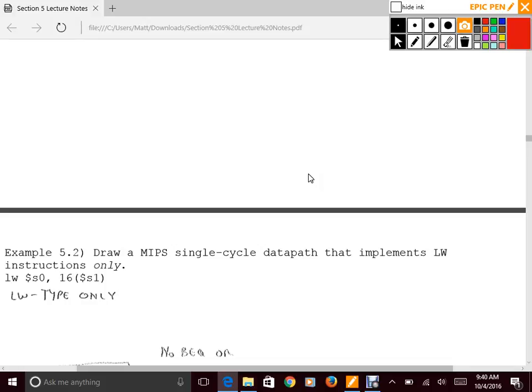All right. Now, specifically, how do I do the registers here? Separate it out. Remember, this is load word. 25 to 21, right?